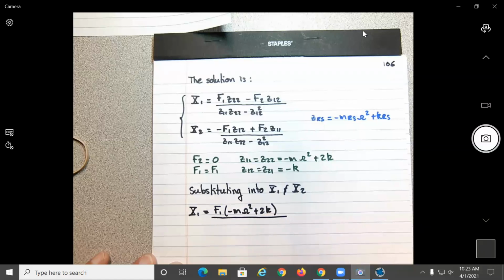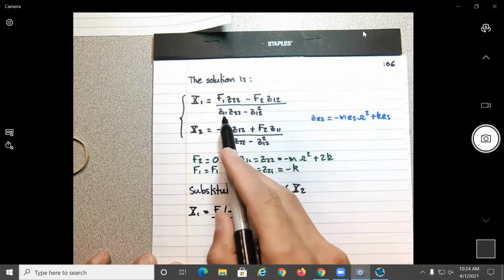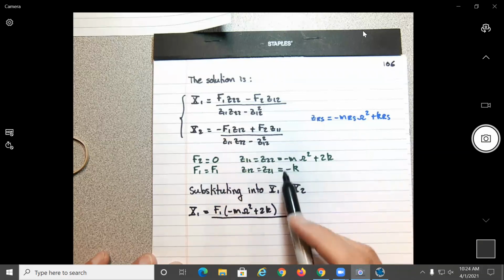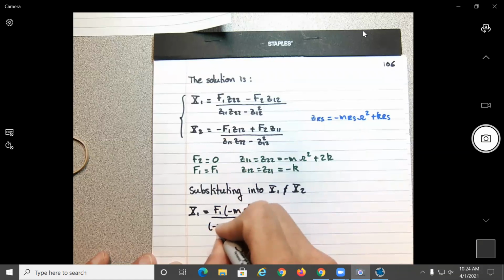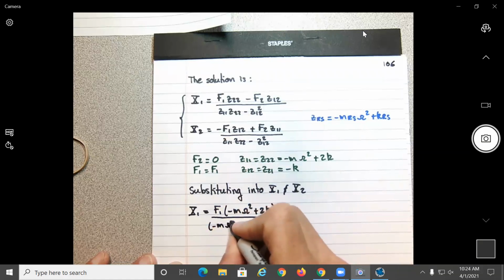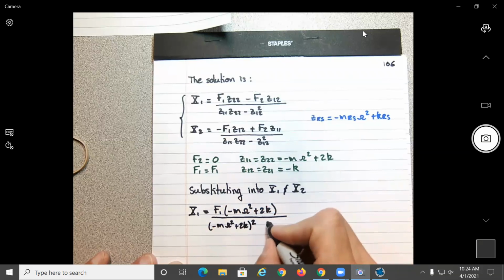Divided by Z11, Z22, which will be minus M capital omega squared plus 2K, squared, minus K squared.